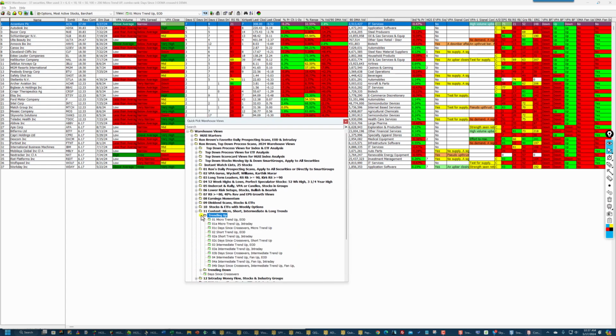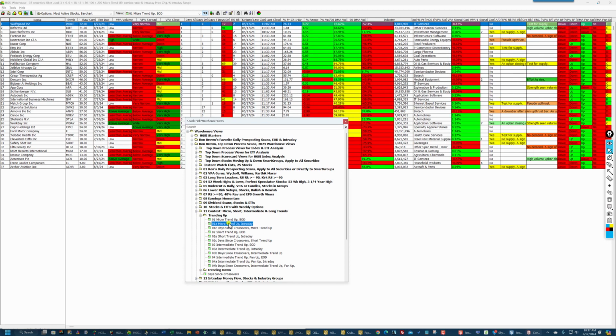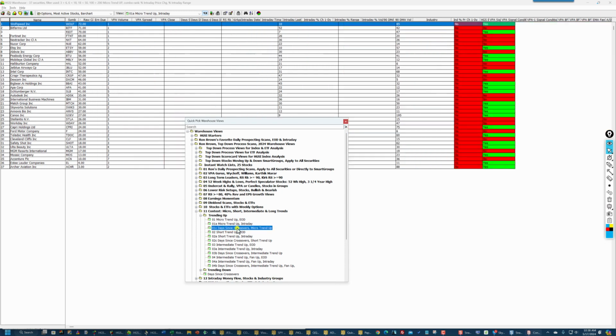So under trending up, we have micro trend up end of day and intraday, and I thought this would be good to give us an idea of how long these trends have been in place. So on every one of these, on the micro, short, intermediate, and intermediate trend with the fan, I've added another view, and it's called the days since the crossover view.